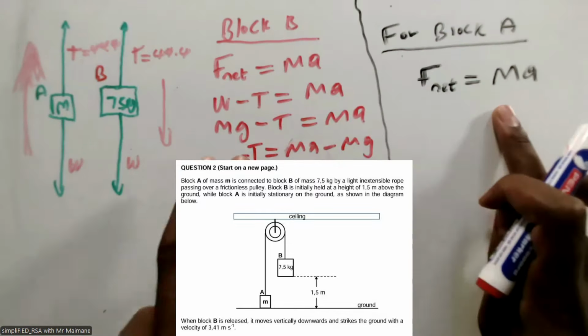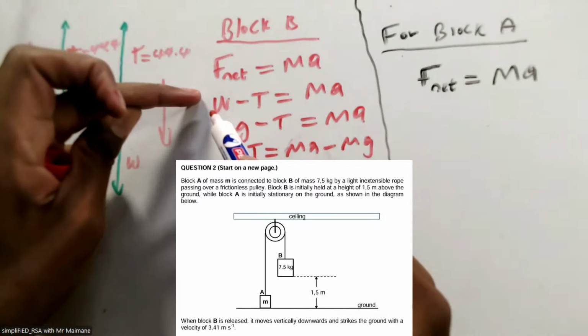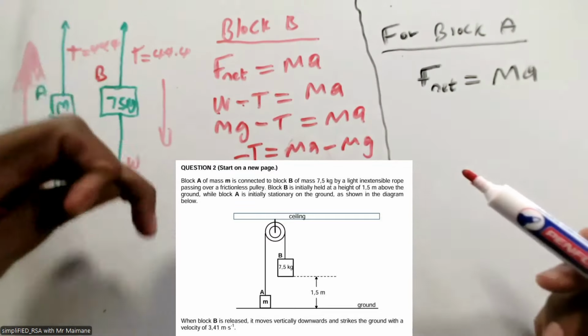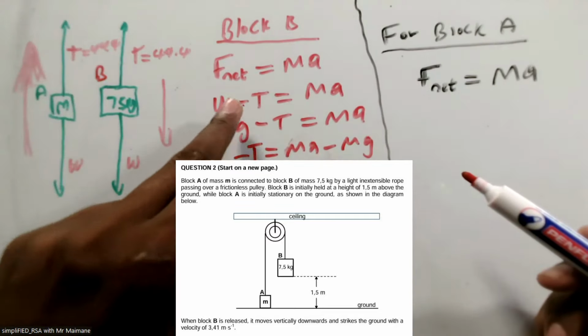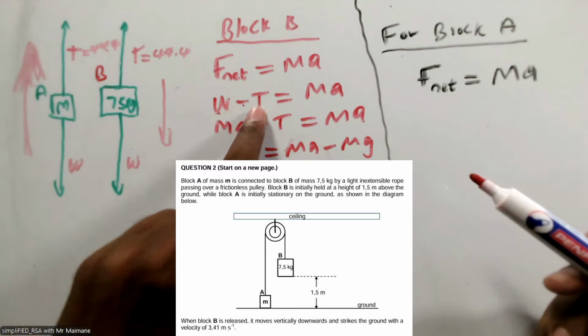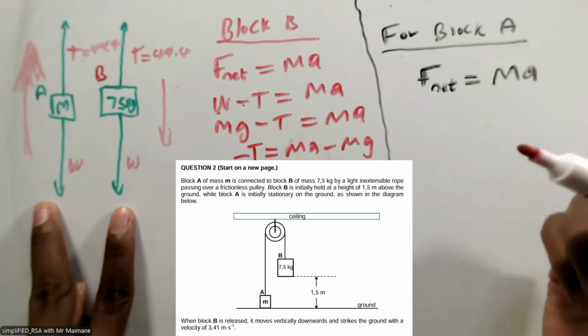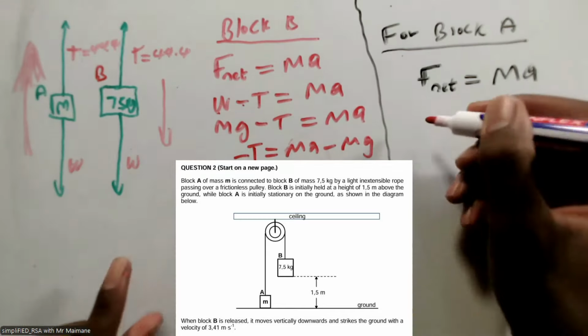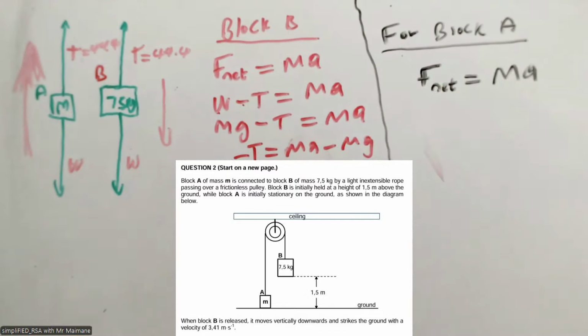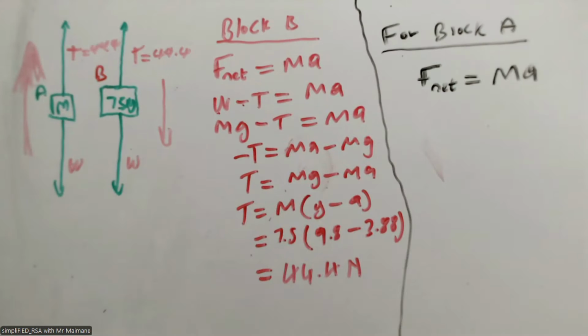So now in this case, you can see here, I chose W minus T. I said the weight is bigger than the tension because it is pulling the tension down. But in this case, I would say now T. Okay, let me use a different color there.